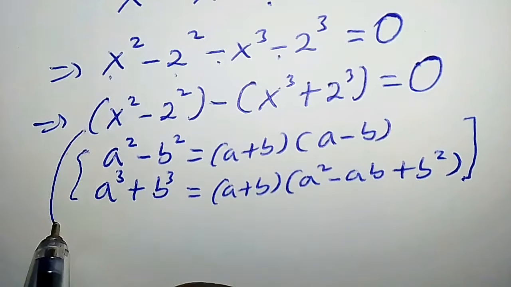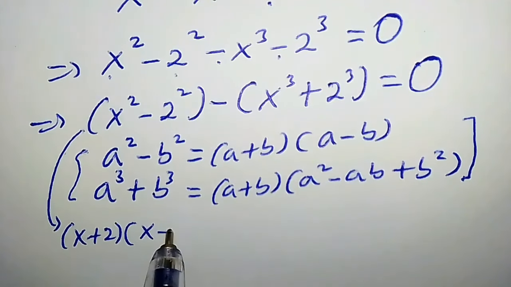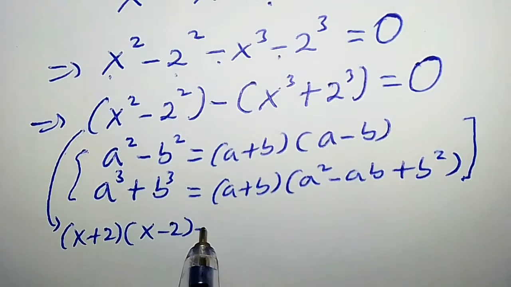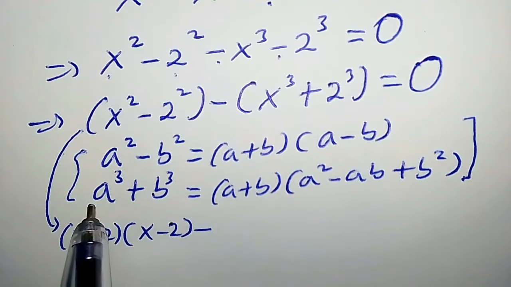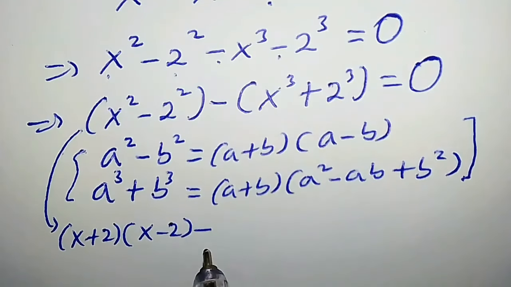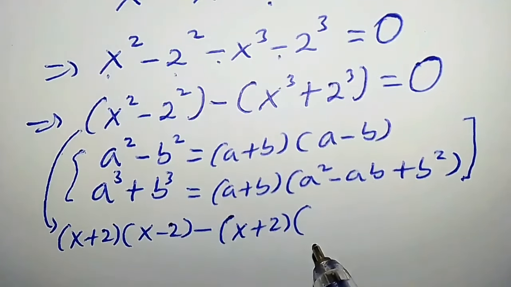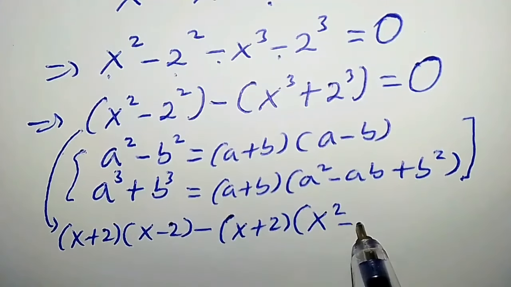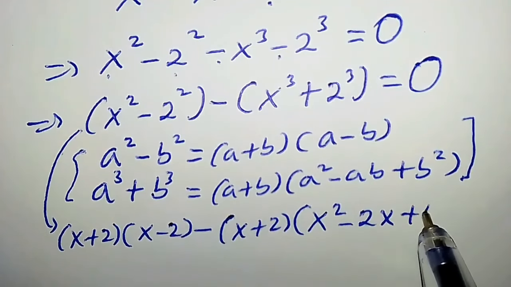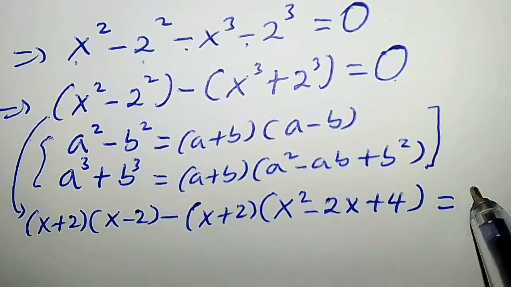Now, suppose I apply this first property on this guy. That means I have x plus 2 times x minus 2, minus, I can also apply the second property to this guy. Doing that, I have x plus 2 times x squared minus 2x plus 4 equal to 0.